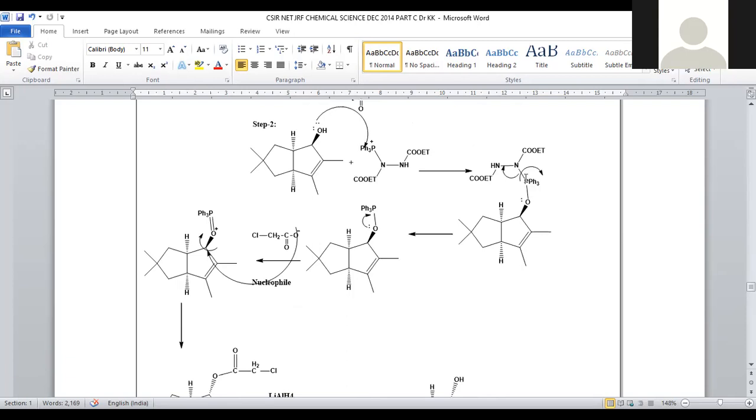Here you can clearly observe the oxygen phosphorus bond got generated and oxygen will acquire a positive charge. Subsequently, this entire moiety will be eliminated and PPh3 retained by oxygen. Oxygen is retaining PPh3 and the remaining entire moiety got eliminated in the form of the diazo compound, whatever we used in the earlier step. In a similar manner, it will be regenerated back.